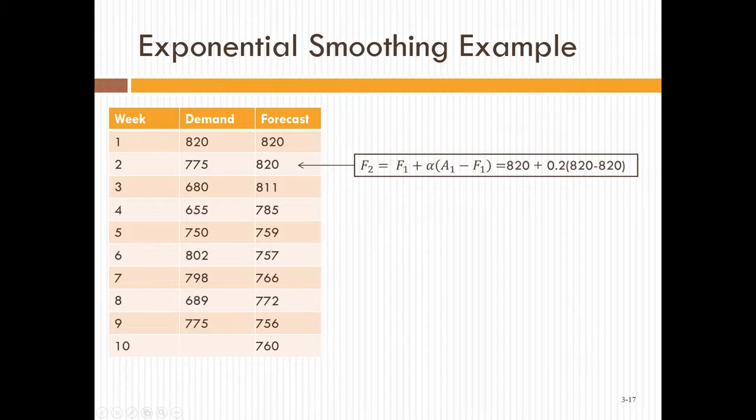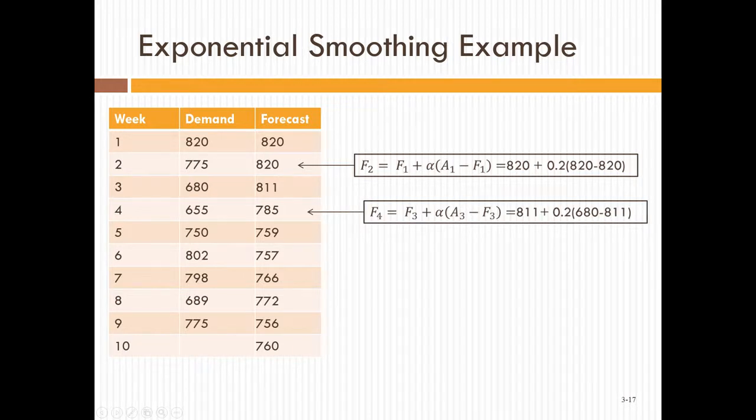So it becomes 820 plus 0.2 times 820 minus 820. Then our forecast for time period 2 is 820. All right, so then we move on, and let's jump down to forecast 4, because when we start out, we don't have much information, and our demand and forecast are typically the same for that first time period.